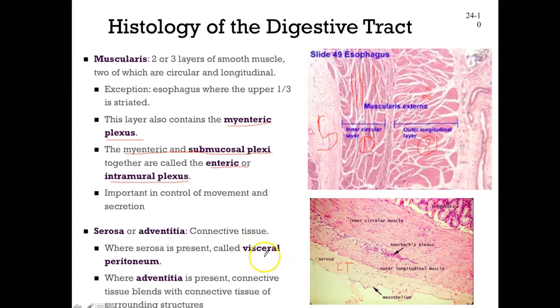So visceral peritoneum means that this is a serous membrane, and this is going to be adhered onto our abdominal organs. But other areas where we see adventitia more, this is just connective tissue that is blending to connective tissue with surrounding structures. So it's really just helping to support and hold that organ in place.